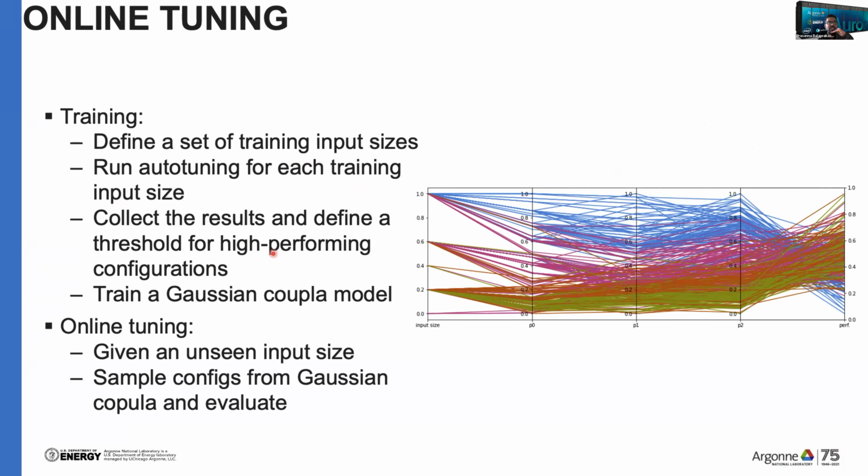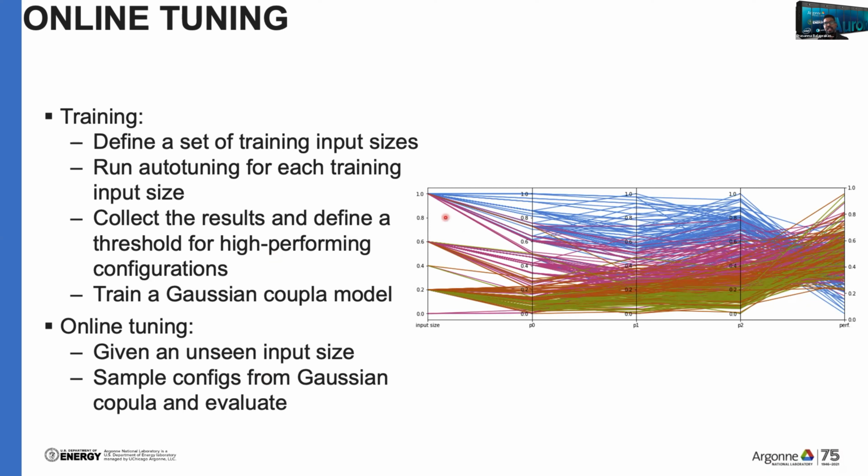So we set a threshold to define which configurations are high-performing. Once we get those, we consider them as a distribution for that particular input size. Then we train a Gaussian copula model across different input sizes, and take that model and integrate it in an online fashion or for transfer learning.